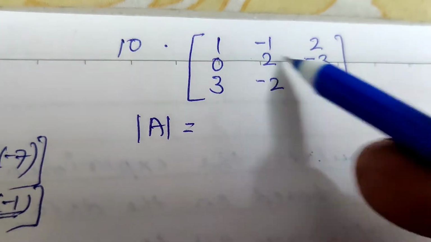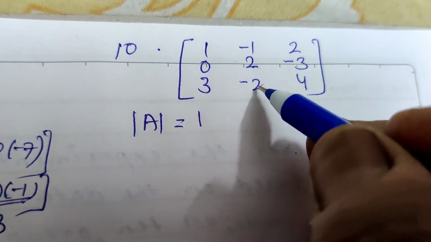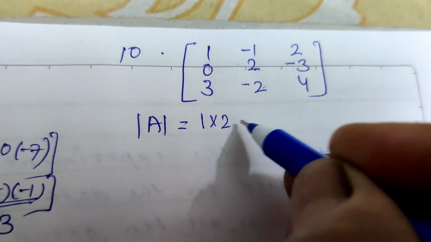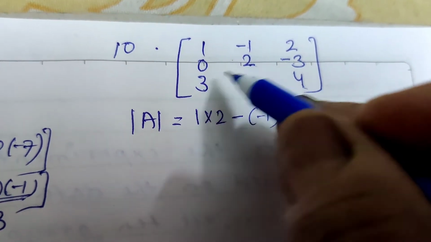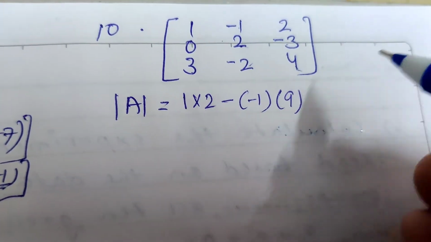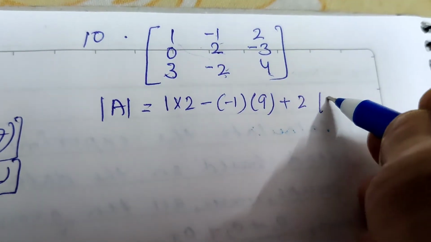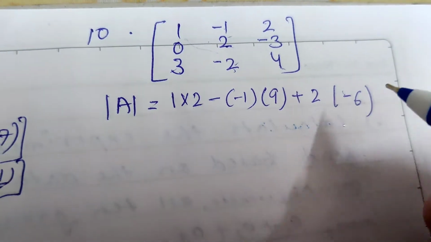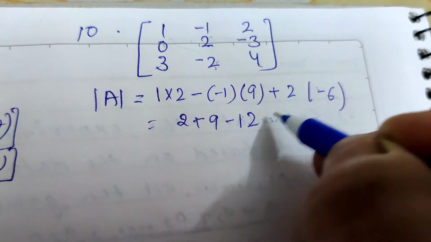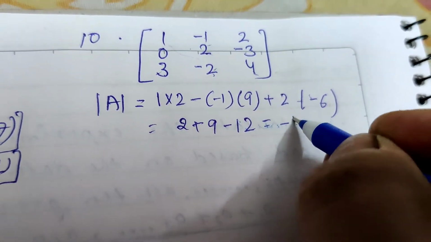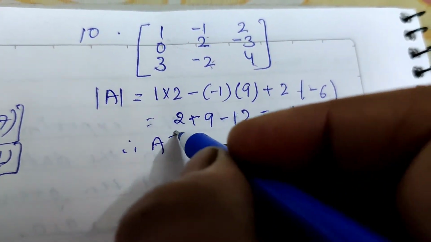Find the determinant of this matrix. Question number 10. 1 into 4 into 2 is 8, 3 into 2 is 6. 8 minus 6, it is 2. Minus 1 and 0 minus 9, and plus 9, and 2 0 minus 6. Okay, it is 2 plus 9 minus 12. It is 11 and minus 1. It is not equal to 0, therefore A inverse exists.